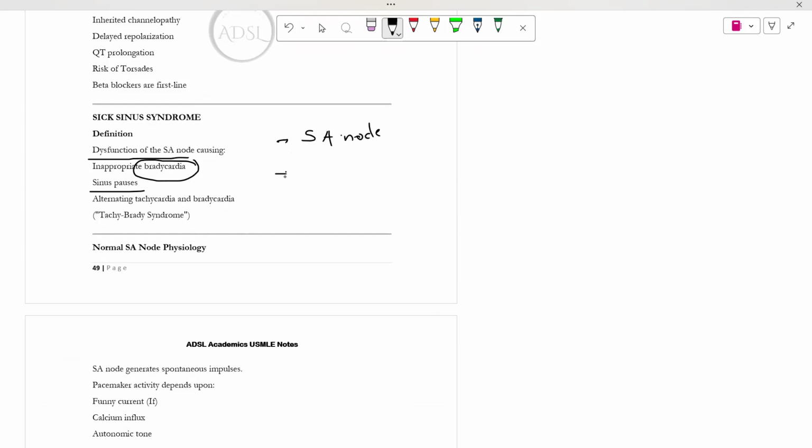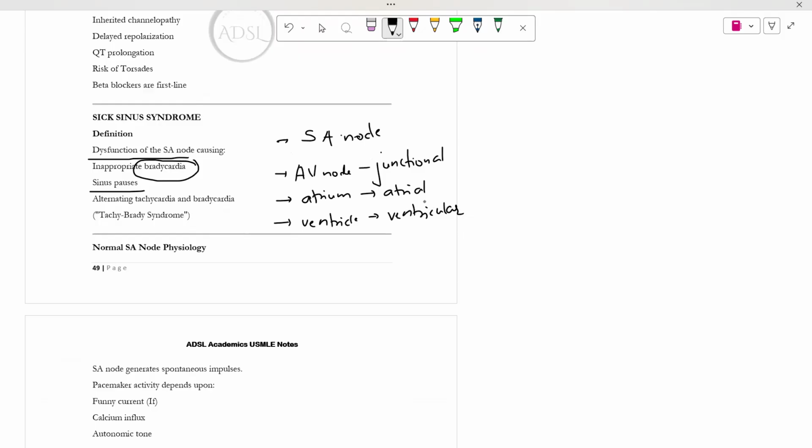When the beat is originating from the AV node, we call it junctional. When the beat is originating from the atrium, we call it atrial. When the beat is originating from the ventricle, we call it ventricular. So junctional arrhythmias, nodal arrhythmias, sinus arrhythmias, atrial arrhythmias, ventricular arrhythmias.